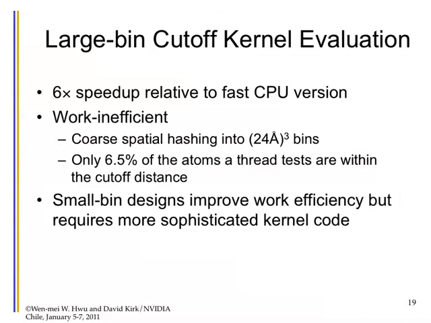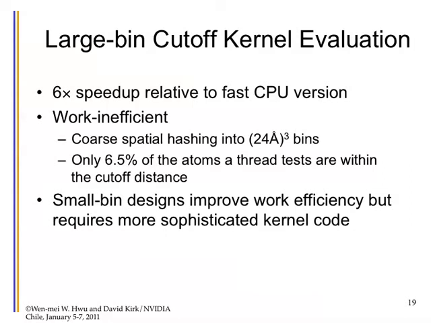For this large bin cutoff kernel, in general, it runs about 6 times over the fastest CPU version. Okay. So it's still well worth it because, even though you will end up looking at a lot of atoms that probably shouldn't be looked at, the efficiency is only about 6.5%.